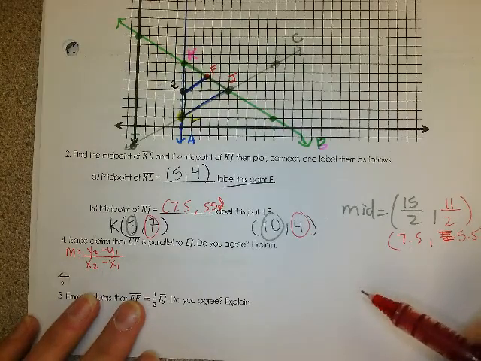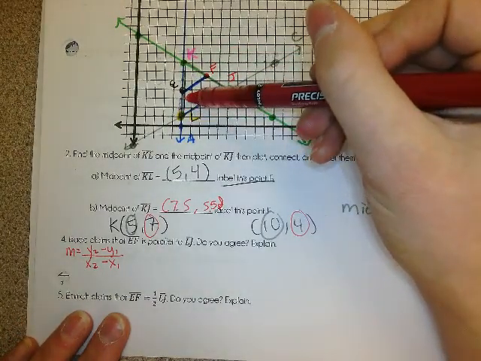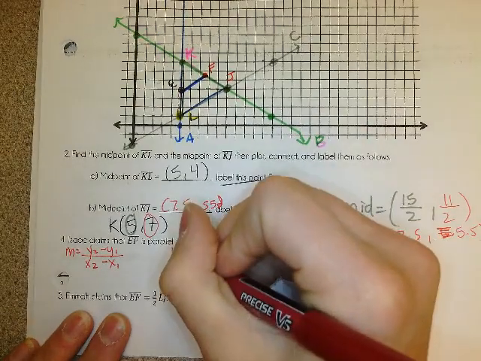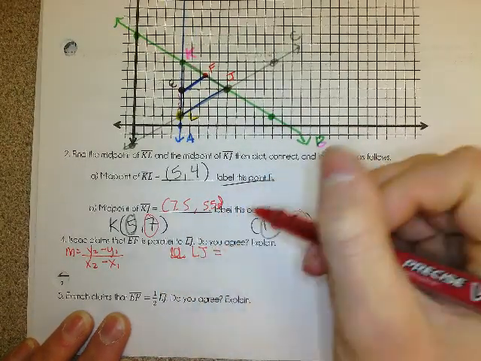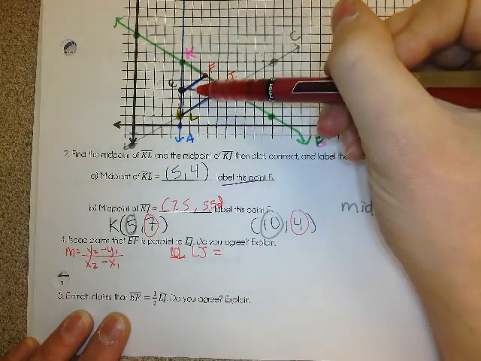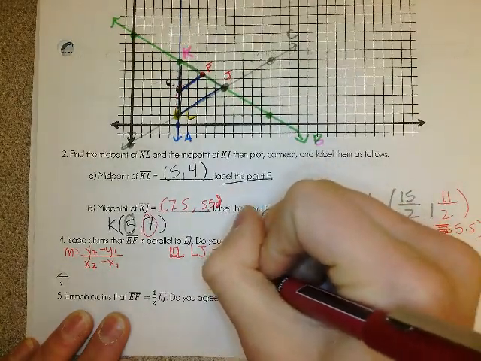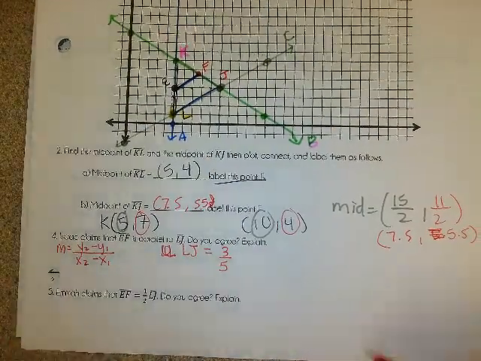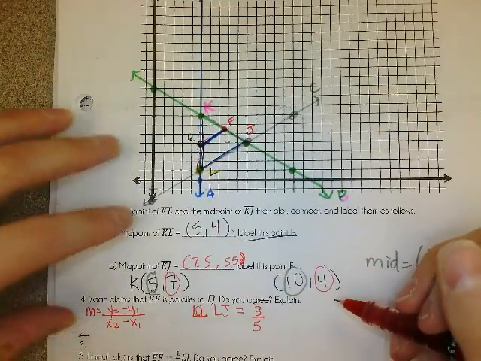Alright, so from L to J, I go up 1, 2, 3. Oh, that's all. Okay, so I forgot already. So 1, 2, 3, and then right 1, 2, 3, 4, 5. Alright, so then for EF, which I already have those points, I can do the slope formula.